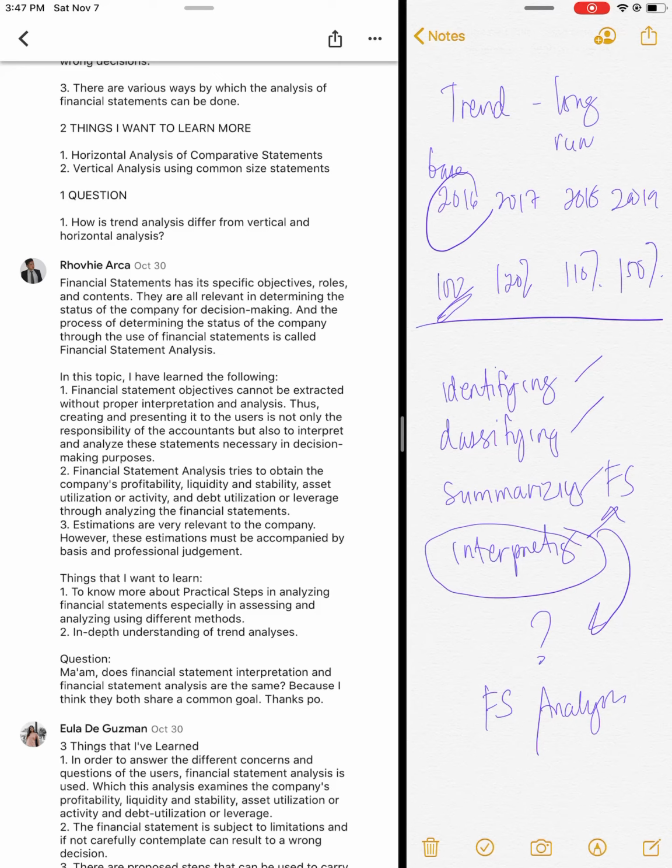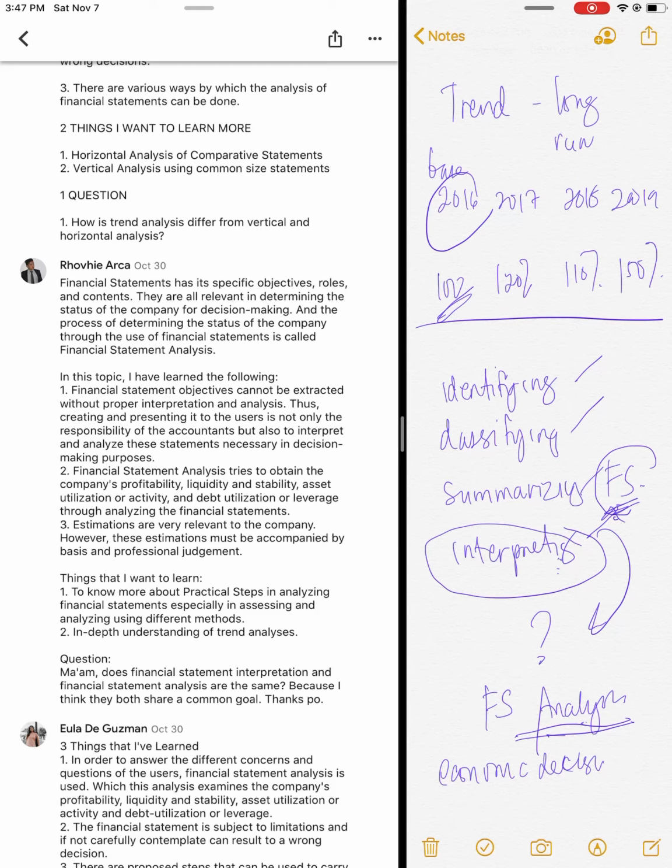So probably the reason why they share a common goal is that in order for you to interpret your financial statements, you conduct FS analysis. And the main purpose of FS analysis is for you to have an interpretation of your financial statements because based on your interpretation of financial statements, dun ka makakagawa ng iyong economic decisions.